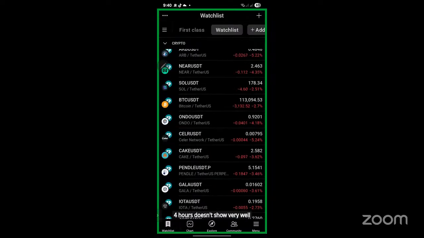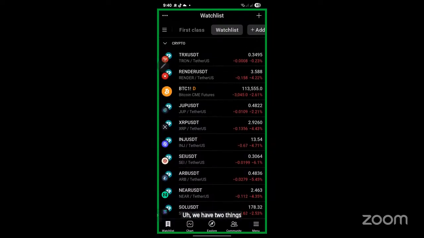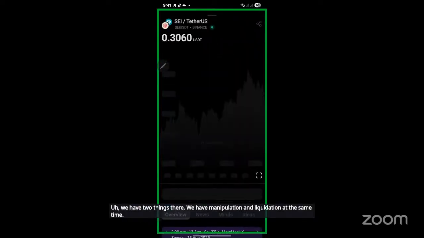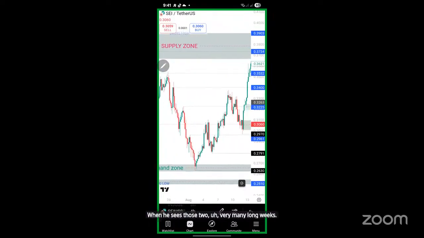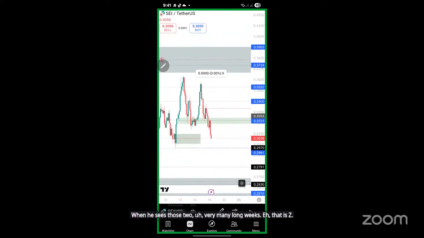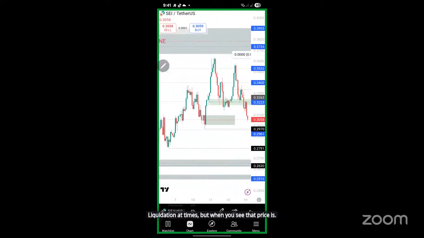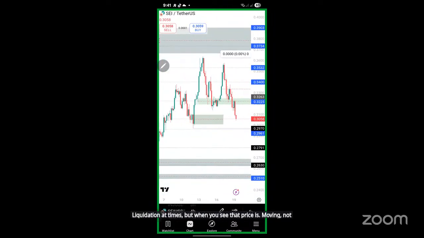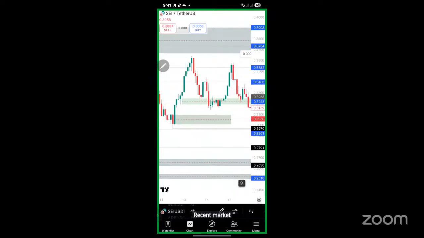So most of the time, we have two things there. We have manipulation and liquidation at the same time. When you see those very many long wicks, that is liquidation at times. But when you see that price is not moving in a good direction, we say the market is manipulated.